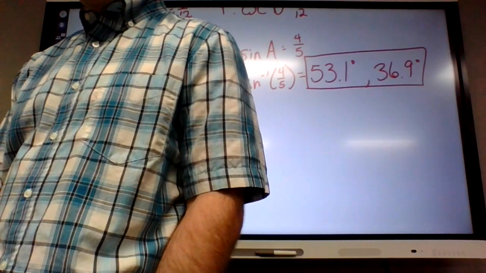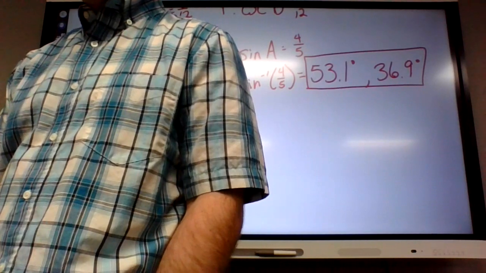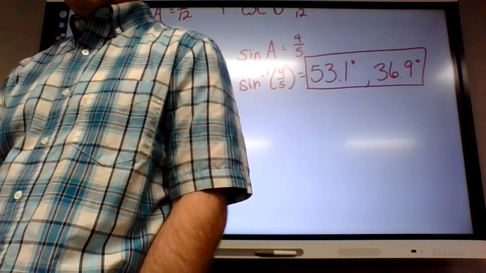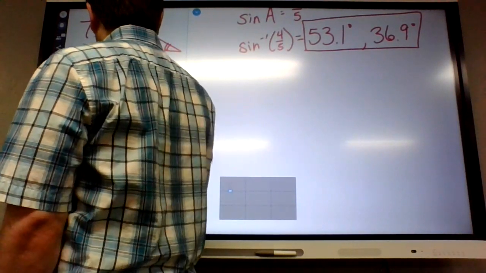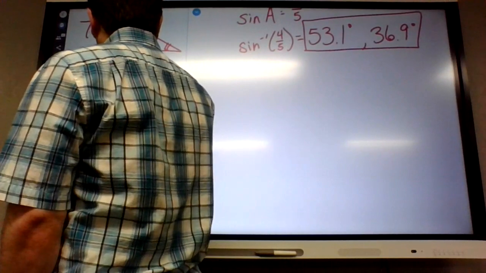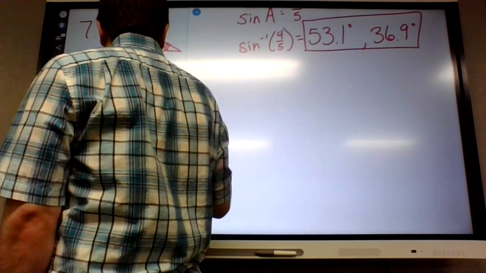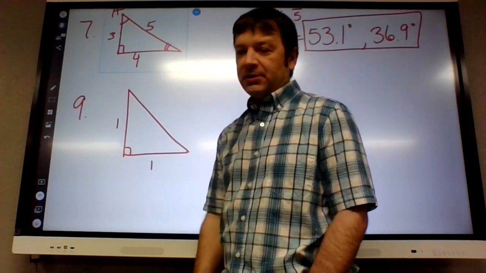Okay, number 9. The legs of an isosceles right triangle are 1 unit long. Alright, you guys remember what isosceles means? Two equal sides. So they're saying the legs are both 1. That's the 2 equal sides.